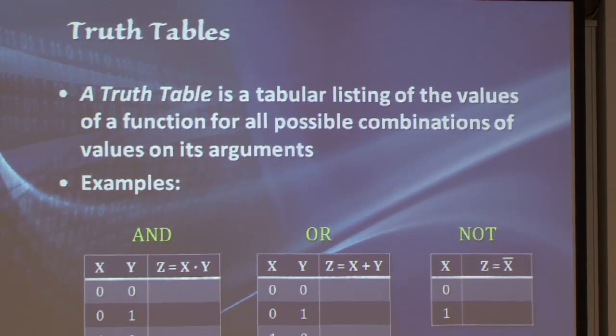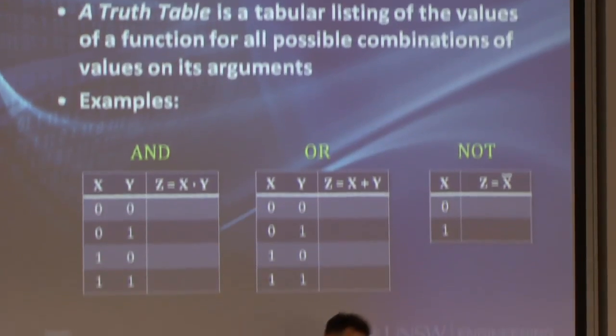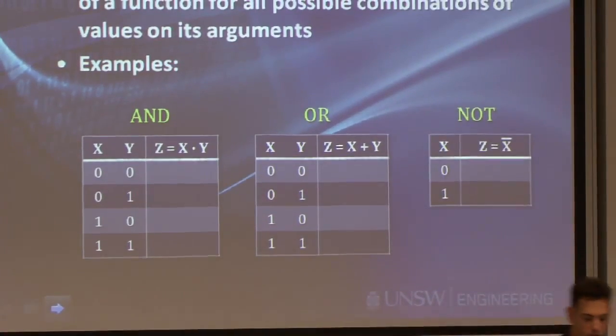A truth table is a way to list all the possible combinations that variables can take, and then show what value a function would take working on those different combinations. So if I want to express my 3 operations in the form of a truth table, I will write out my variables, and I will list all the possible combinations. In this case, with 2 variables, I can only have 4 different combinations, and I'll do the operations on them.